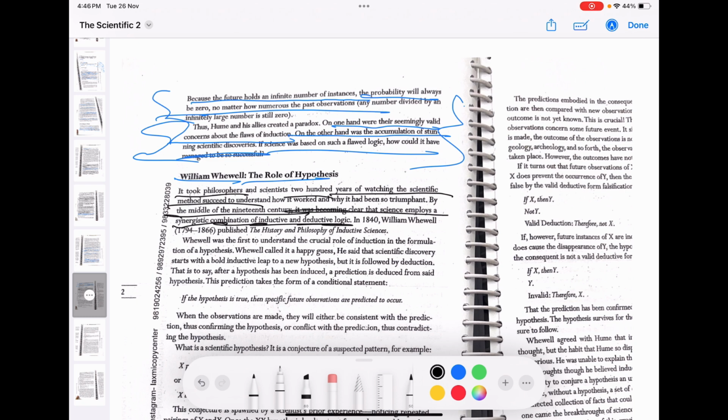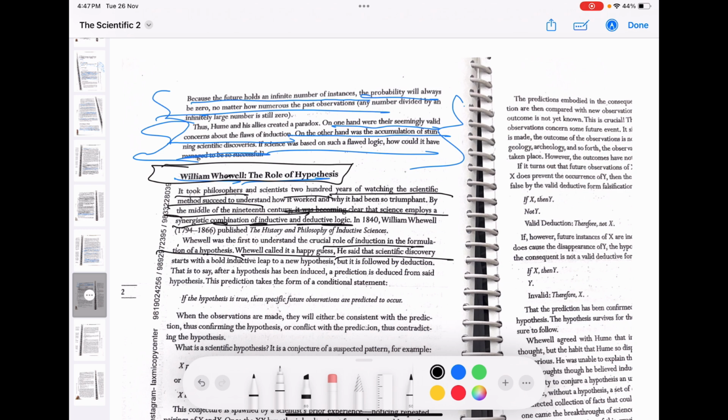So then after all the paradox and discussion and various thoughts of scientists and philosophers, and after repeated discussions, we have the role of hypothesis, and this was given by William Whewell. Now what did William Whewell say? First of all, William Whewell was the first one to understand the role of induction in the formulation of a hypothesis. Whewell called it a happy guess.